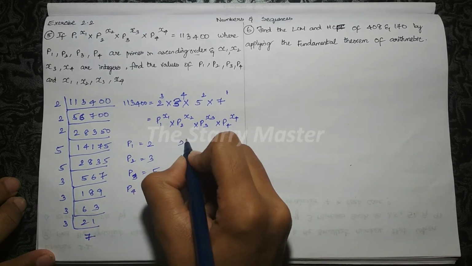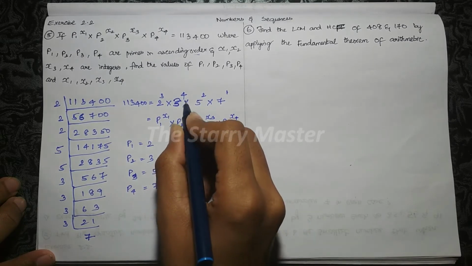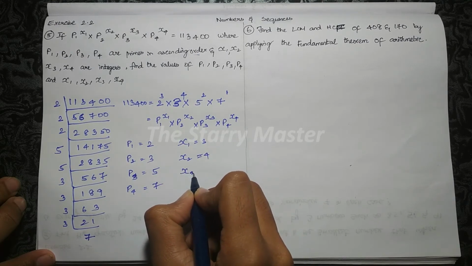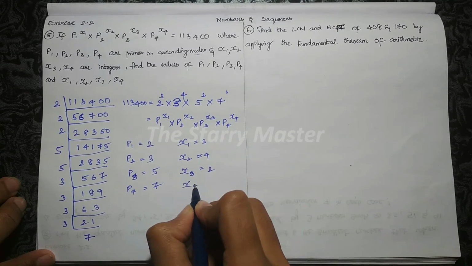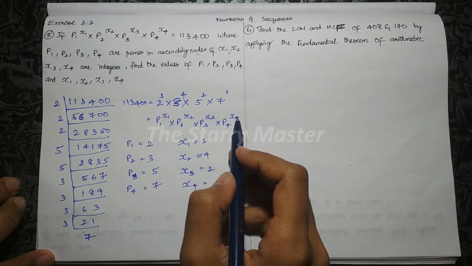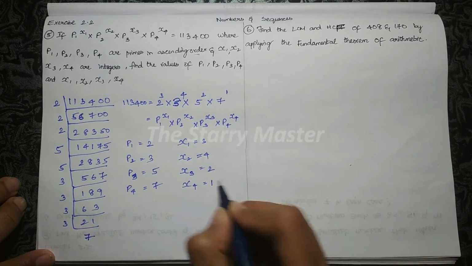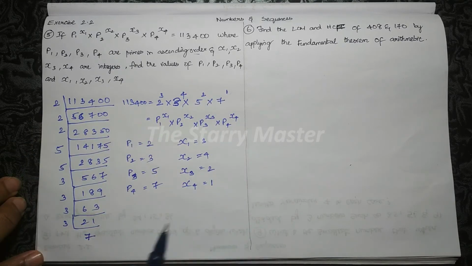And x1 equal to 3, x2 equal to 4, all the powers, x3 equal to 2, x4 equal to 1. We have found all the p values and x values.